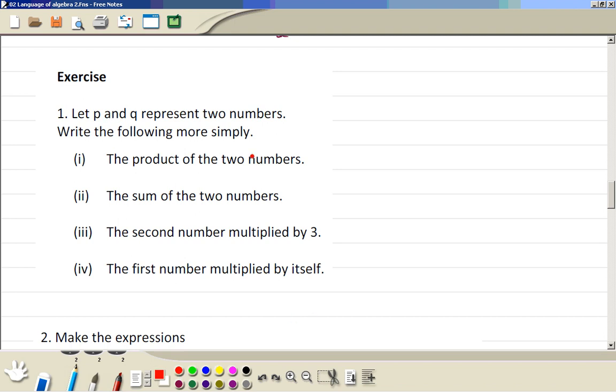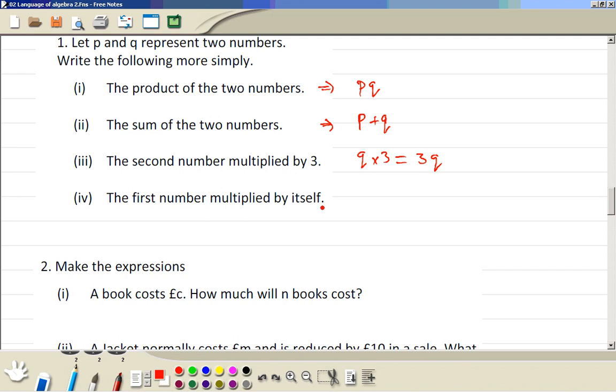Two numbers are p and q, so the product is just pq. The sum, we add these two numbers, p plus q. The second number multiplied by 3, so q times 3, which is 3q. The first number multiplied by itself, so p times p, which is p squared.